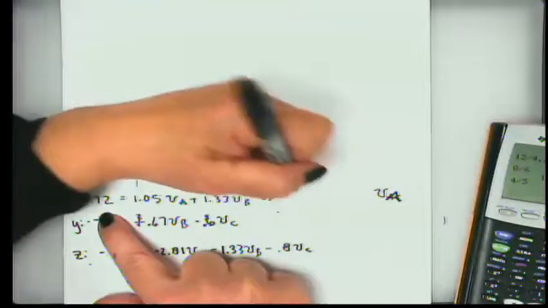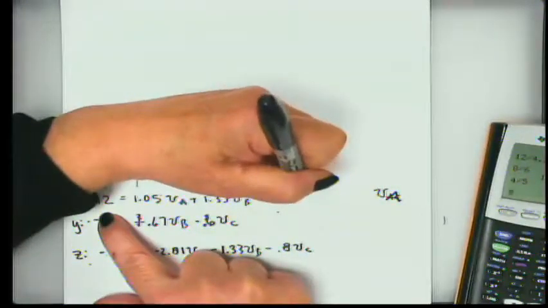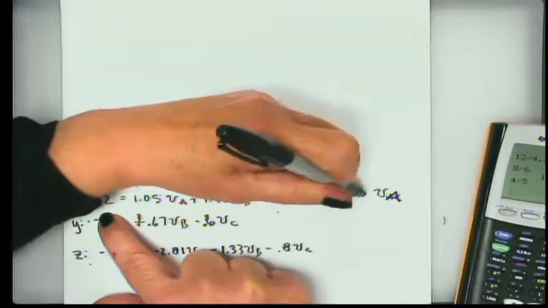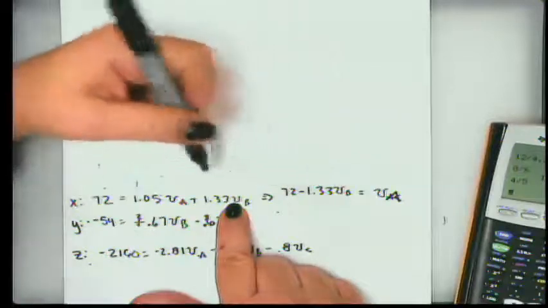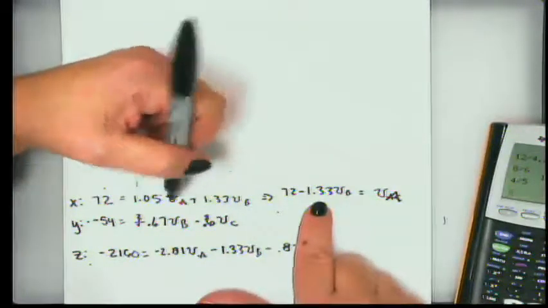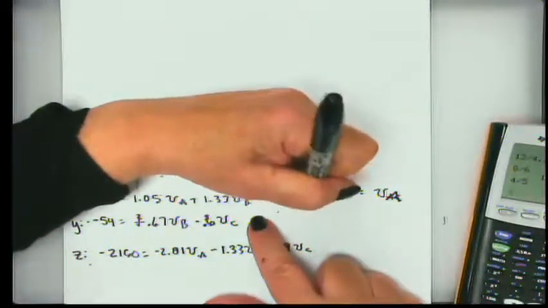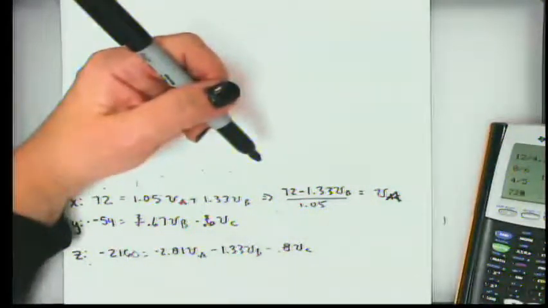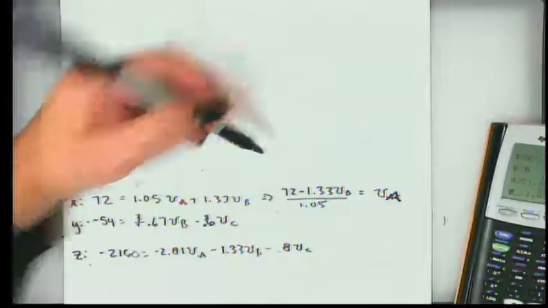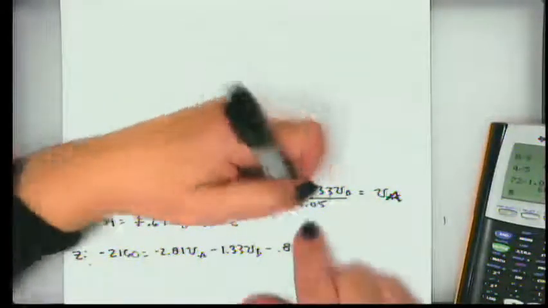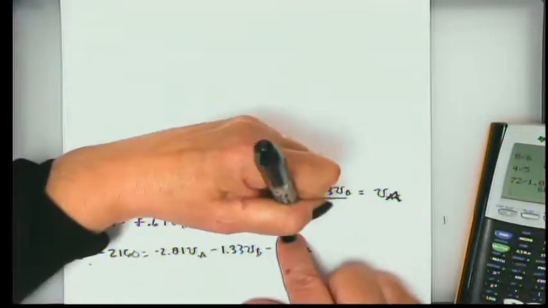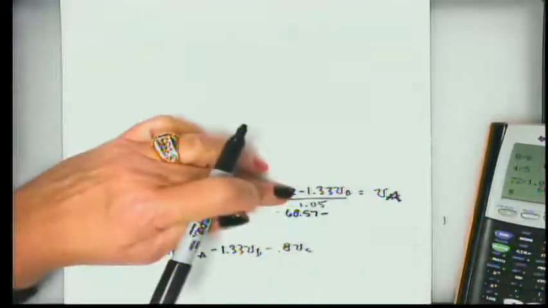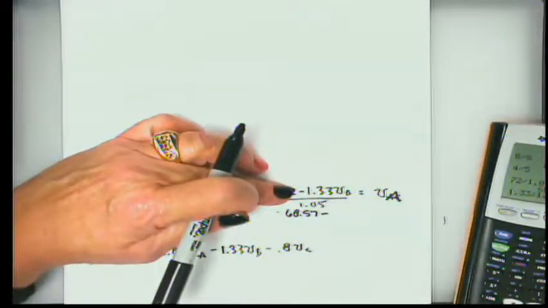So I get 72 minus 1.33 v sub b all over 1.05. Okay? And so 72 divided by 1.05 is 68.57 minus, then I have 1.33 divided by 1.05.